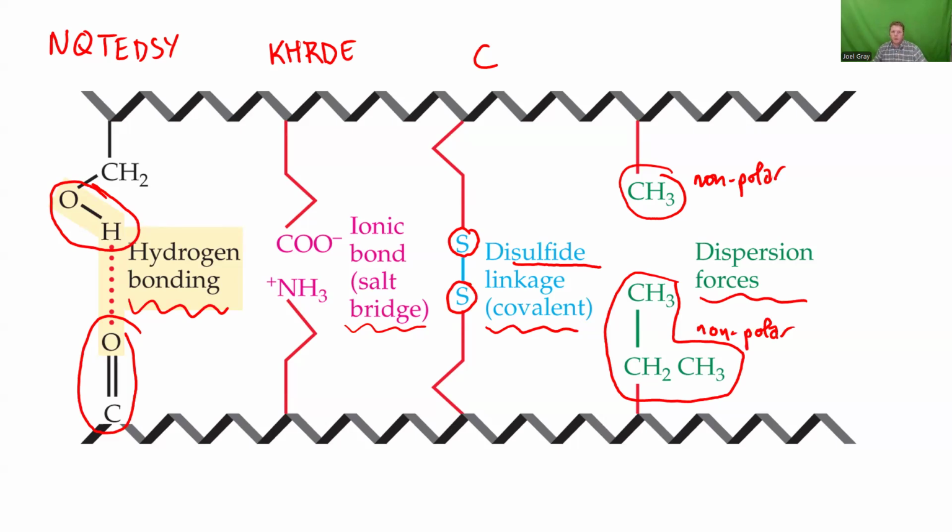So whenever you think about basically a dividing line between dispersion forces and everything else, one thing that's common of all of these is these are all polar amino acids. These are all polar R groups, whereas your dispersion forces are your nonpolar amino acids or your nonpolar groups.